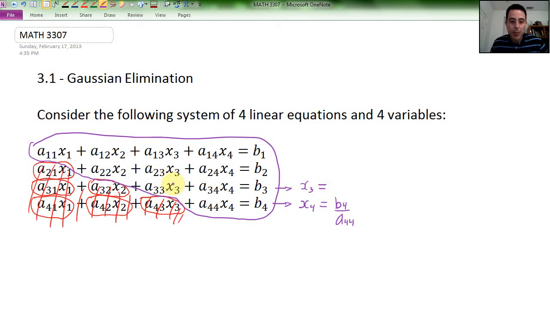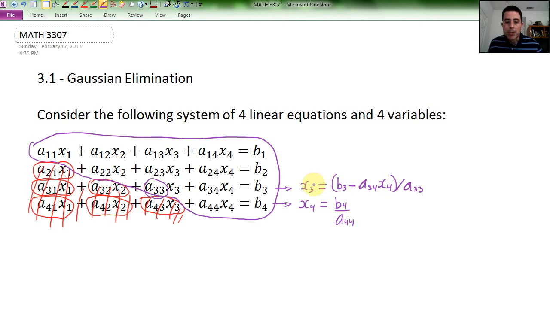So we're solving for this variable, x3. We move this term here to the other side, so this would be b3 minus a34 x4, and then divide that by a33.